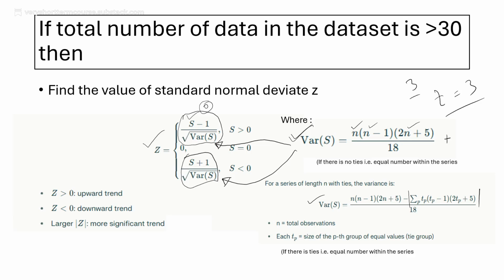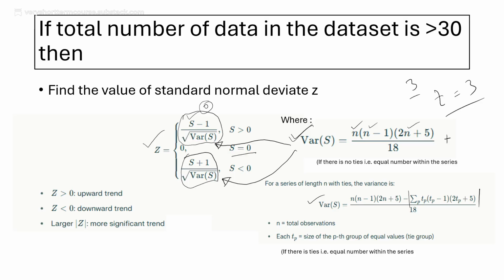If S is less than 0, use a plus. That is the difference and nothing else. However, if S is equal to 0, then your Z will be 0. Mind it, S can be equal to 0, and in those cases, Z will be 0 also.